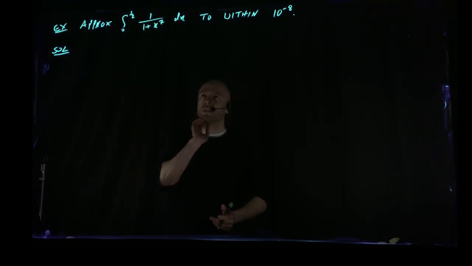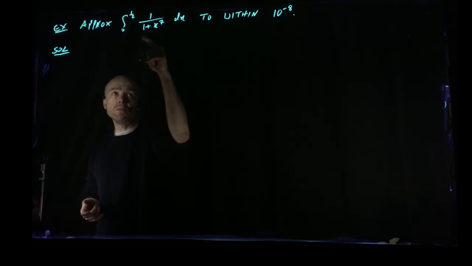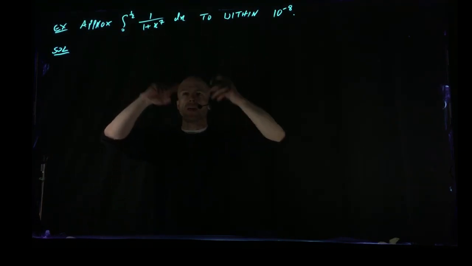So how should we do this? Well, to begin with, this is of the algebraic form something like 1 over 1 minus x.